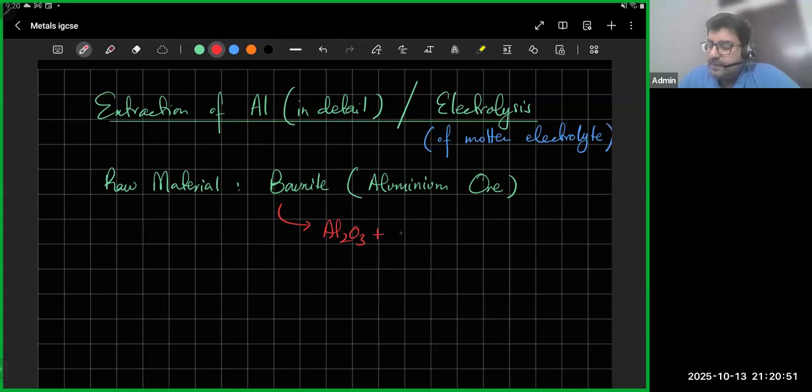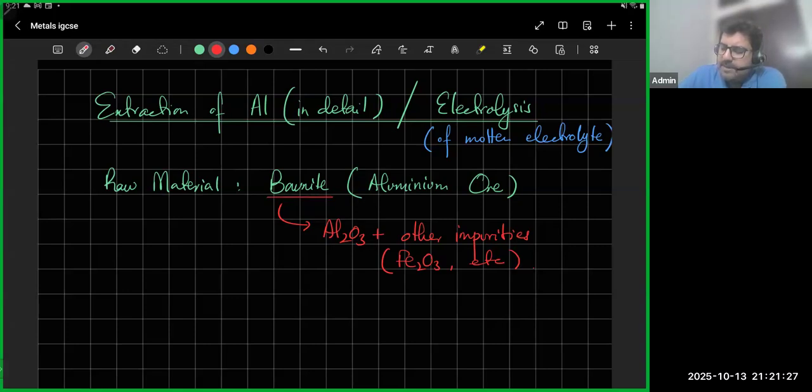It's got lots of other impurities as well, and those impurities could be iron oxide. You can remember iron and oxygen, their combination is present in almost all rocks, and other metal oxides, etc. So it's got Al2O3, aluminium oxide. So bauxite is the rock.